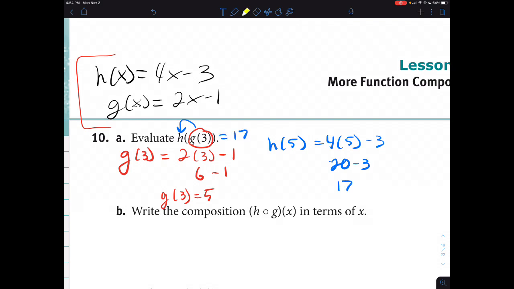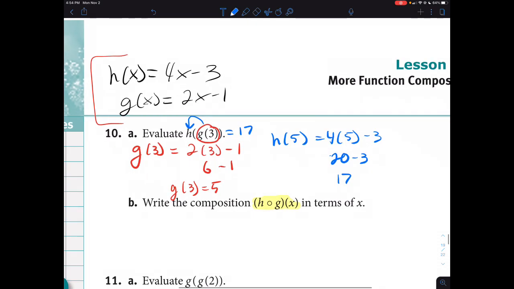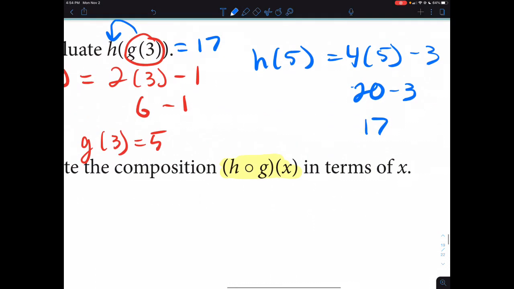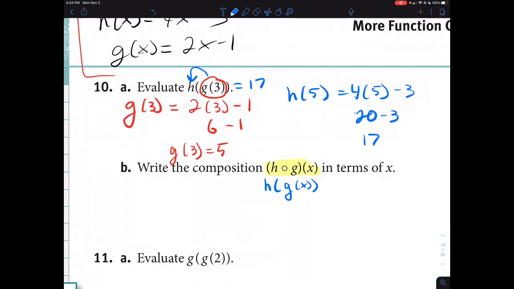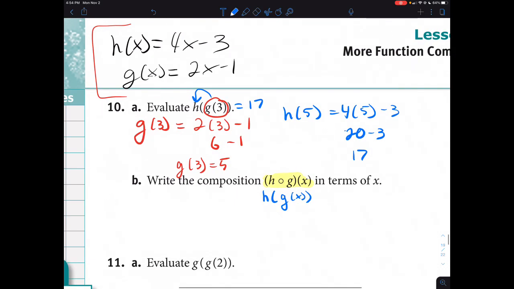Now we're going to write the composition. Okay, we're actually going to do the function composition. h of g of x is the same thing as h of g of x. So I'm going to take function h, and I'm going to plug in g of x, which is 2x minus 1.